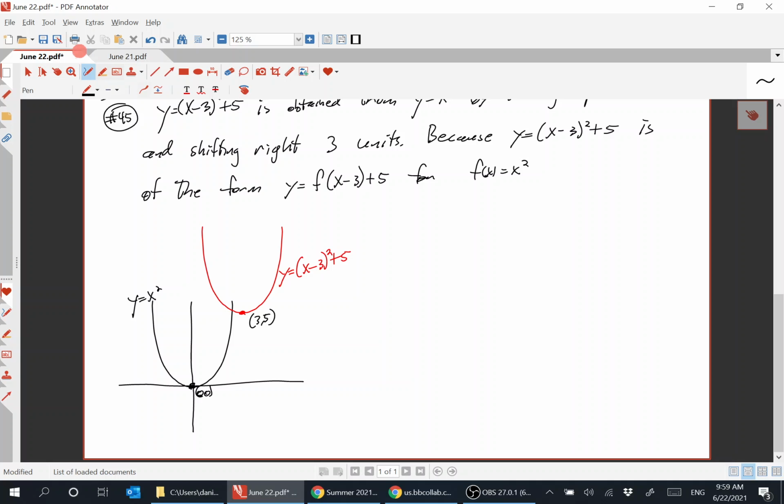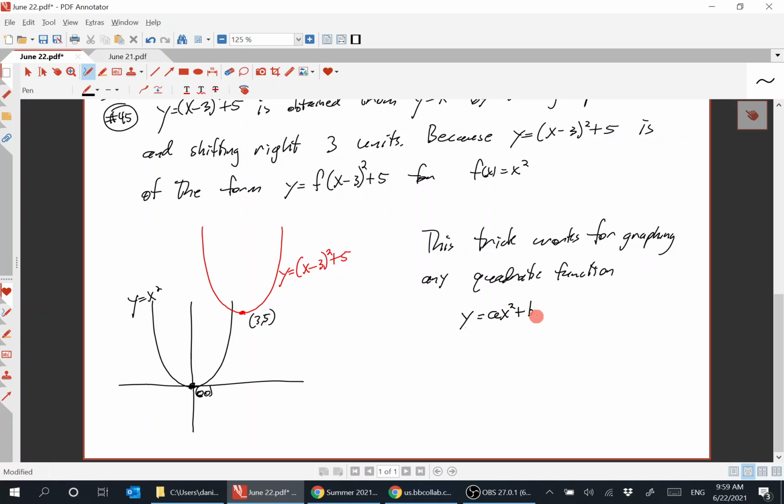So how can this idea tell us how to graph any quadratic function? This trick works for graphing any quadratic function y equals ax squared plus bx plus c.